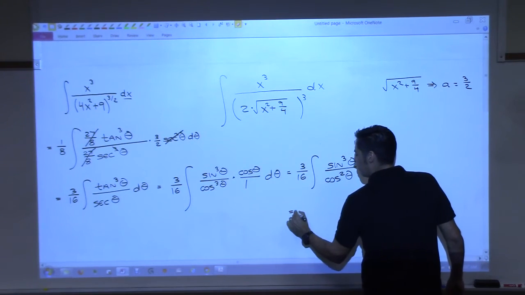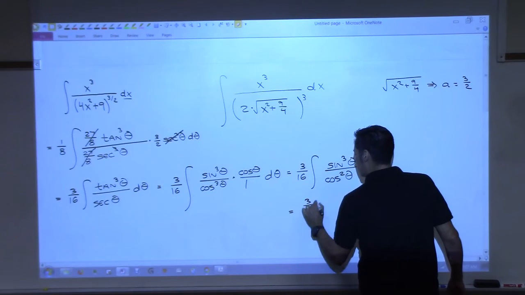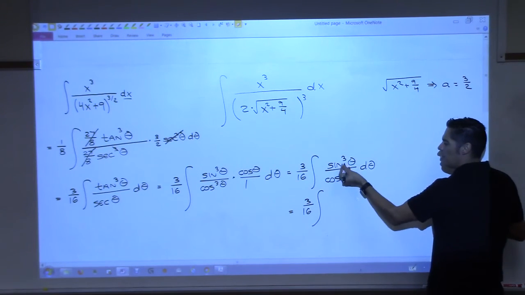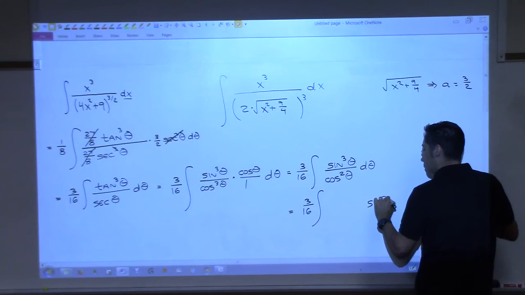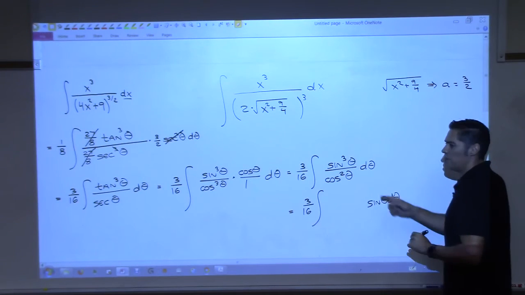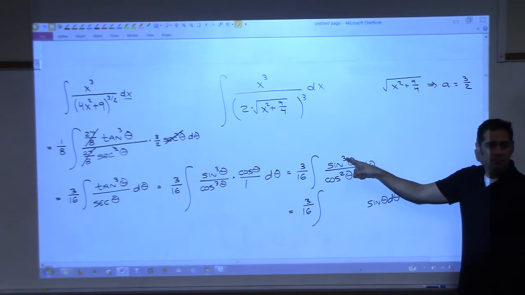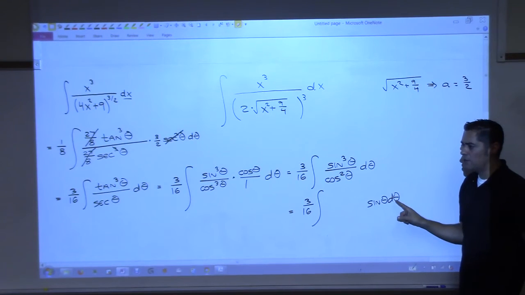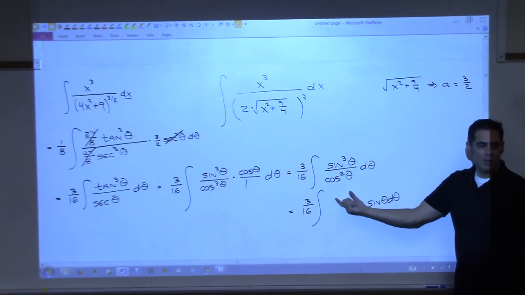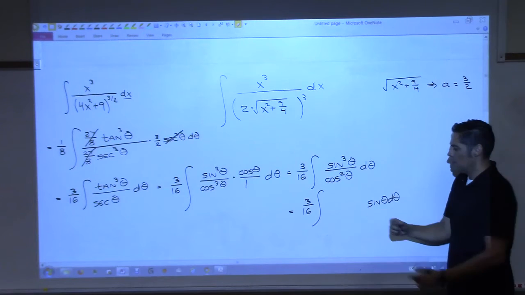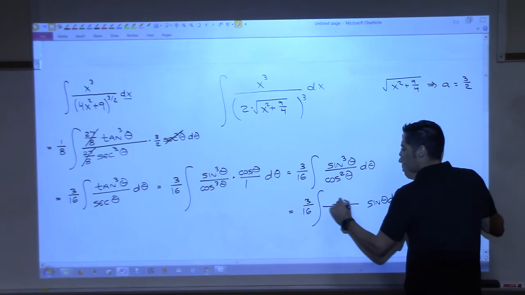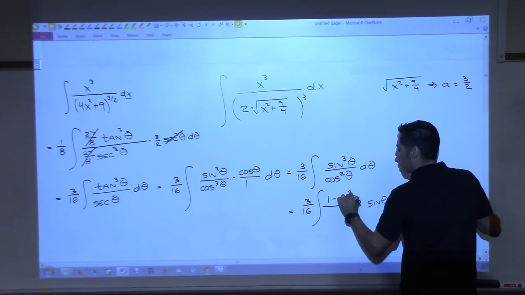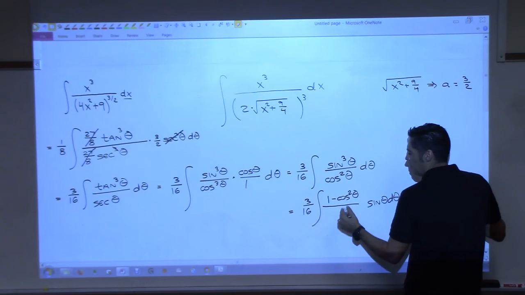Let's see. We have 3/16 integral. So I'm going to take one of these sines and pop it out to the outside, which leaves me with the sine squared on top when I pull this one factor out. But I already know I'm going to change it to 1 minus cosine squared. And then what's on the bottom?